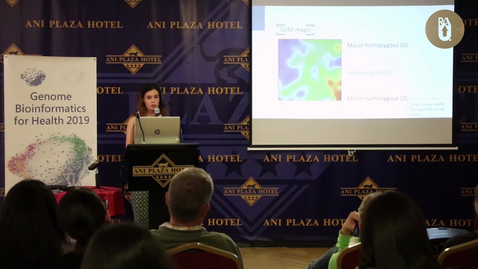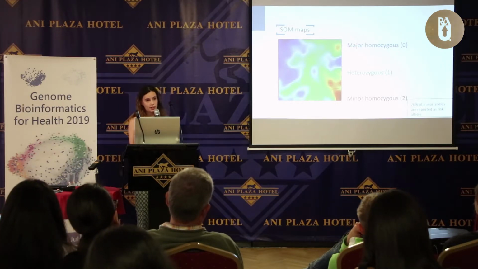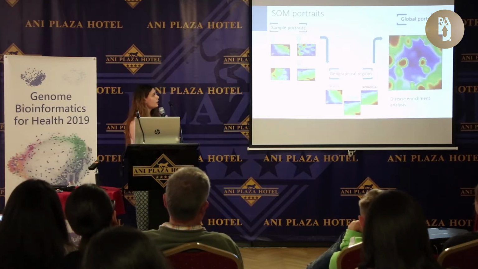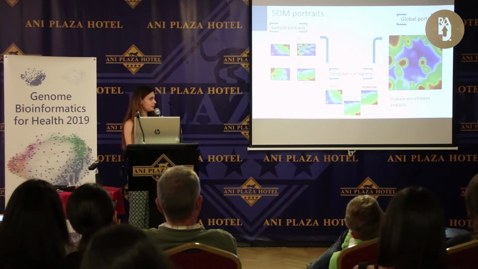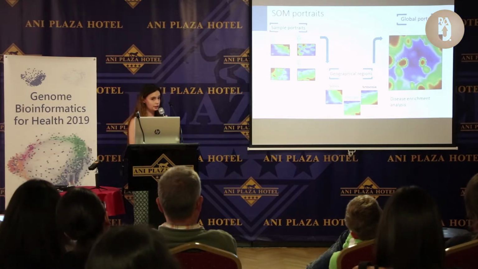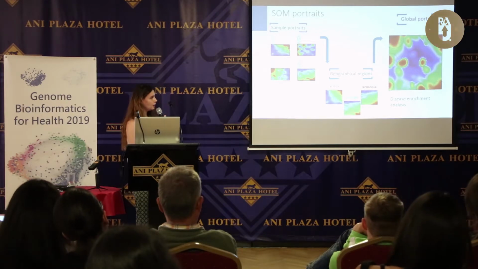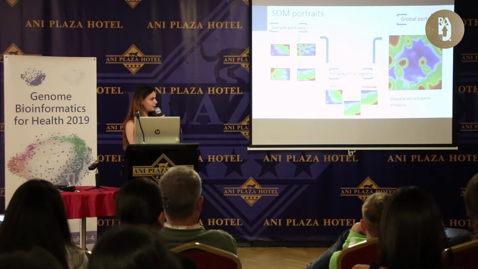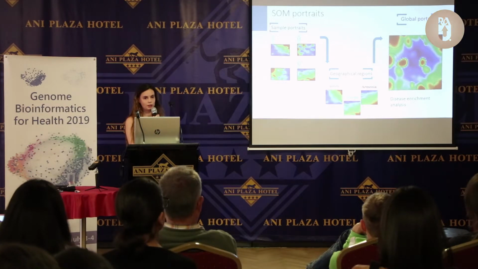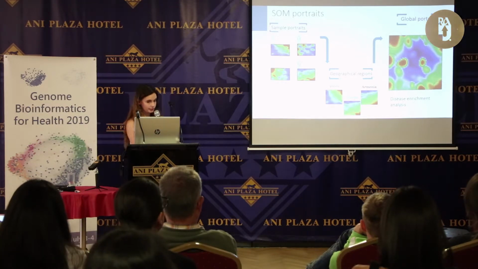It was reported that the majority of minor alleles are actually disease-associated alleles. So in future analysis, we are interested only in these red spots. These kinds of portraits are generated for each individual in our data set. Also, mean portraits are generated for geographical regions, and a summary map, where we can see an overview of all our samples. Here we can see each cluster and perform downstream analysis separately for each cluster.